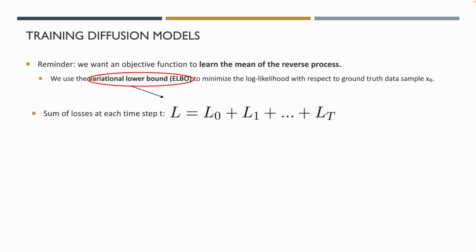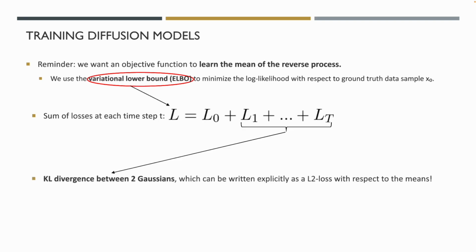It turns out that the ELBO for this process is a sum of losses at each time step t. And by construction of the forward q process and the backward process, each term except for L0 of the loss is actually the KL divergence between two Gaussian distributions, which can be written explicitly as an L2 loss with respect to the means.